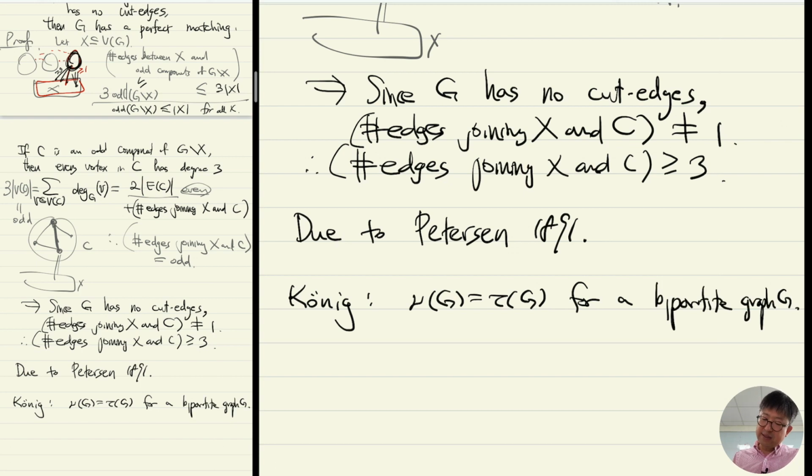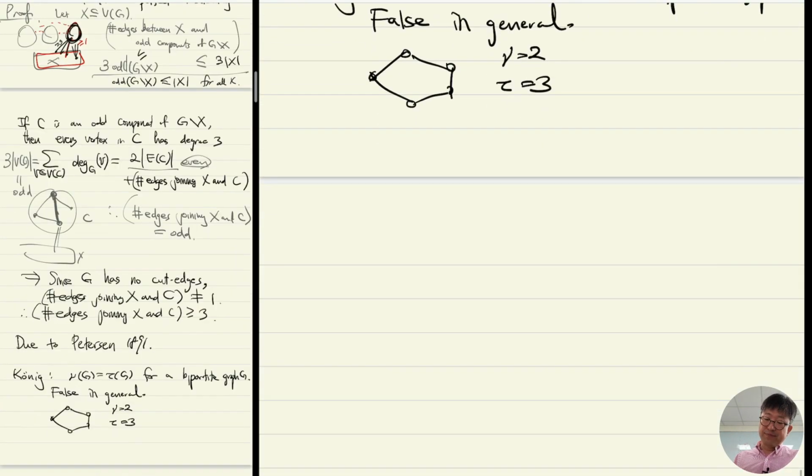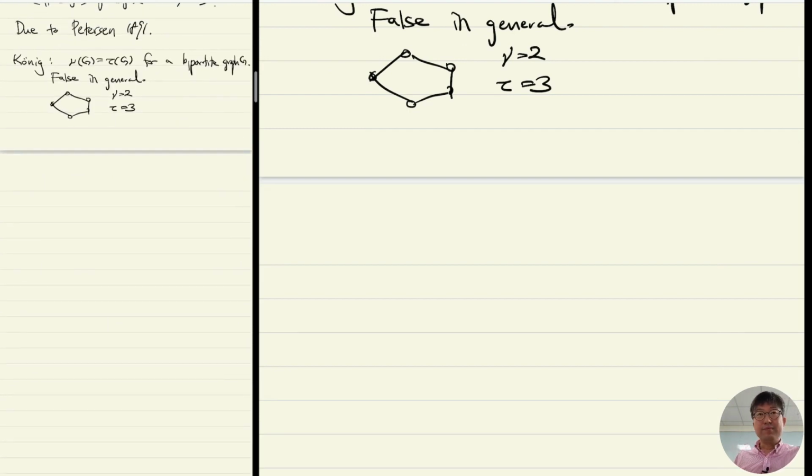And in general, this is false. We cannot say nu is equal to tau in a general graph. The easy counterexample is odd cycles, right? Nu is 2, tau is 3. And there's an arbitrarily big gap.